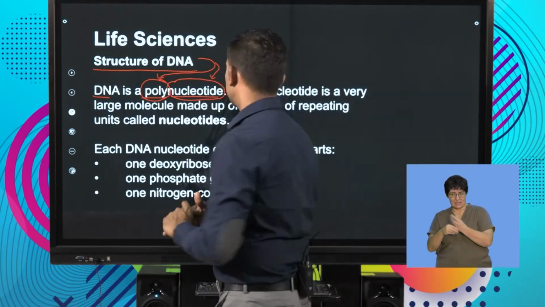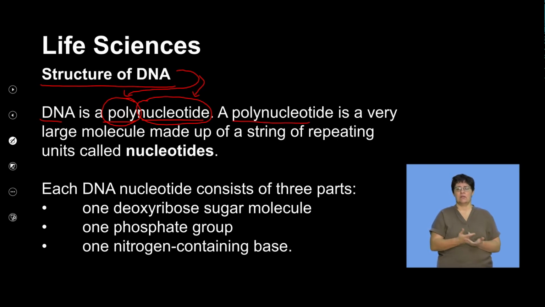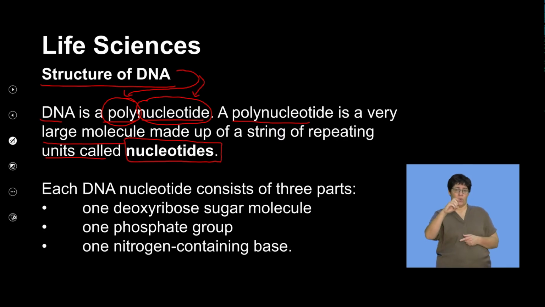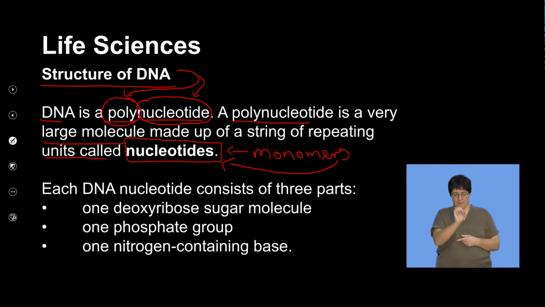Let's get back into it. So a polynucleotide is a very large molecule made up of a string of repeating smaller units called nucleotides. And this essentially refers to the monomers. The single smallest building blocks of DNA are called monomers. In this case, they are nucleotides.